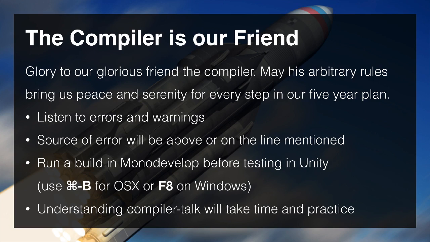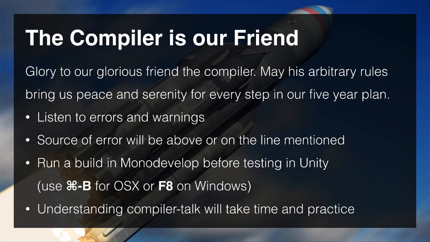So the compiler is the program that takes human readable source code to computer readable code. You might not think that code is very human readable, and it isn't. It's not a great format for putting together instructions, but it's currently the best we have. And if you had a look at the code that the computer executes, you'd find that it's a significant step up. So why is the compiler our friend?